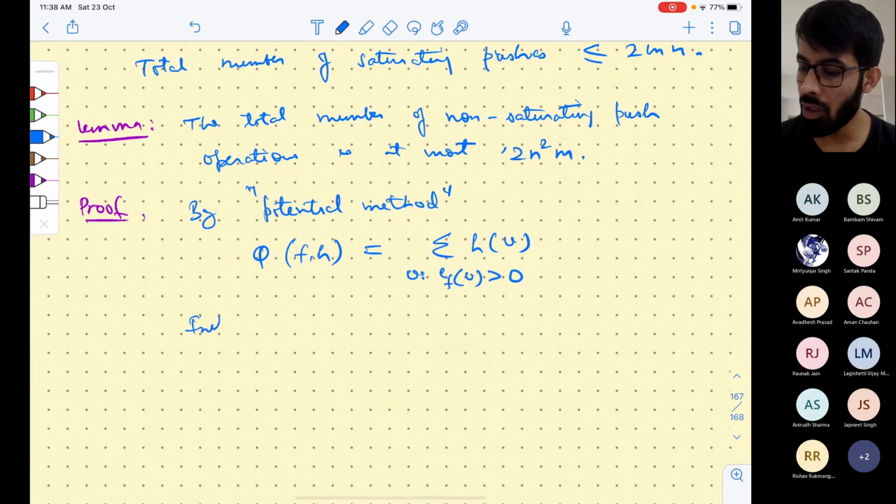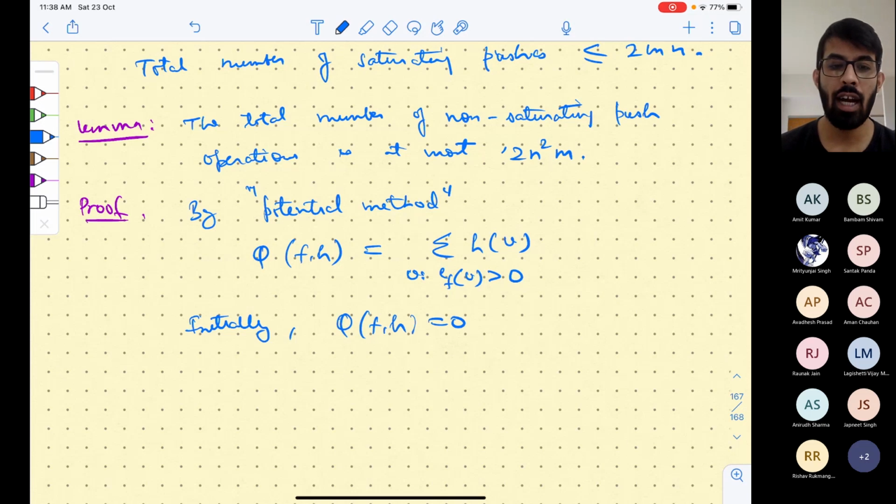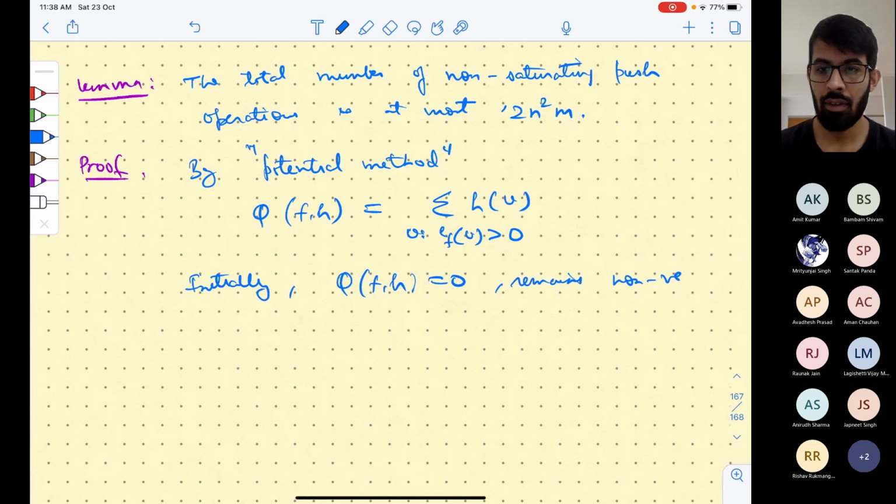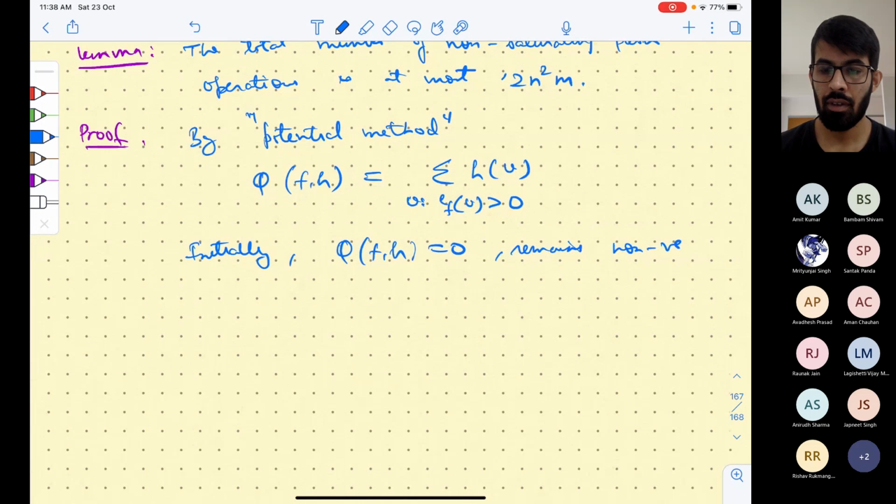So initially, because S does not have any excess, phi of f, h is equal to 0, because for every other vertex the height is 0, and S does not have any excess. It remains non-negative. Why does it remain non-negative? Because heights are non-negative.